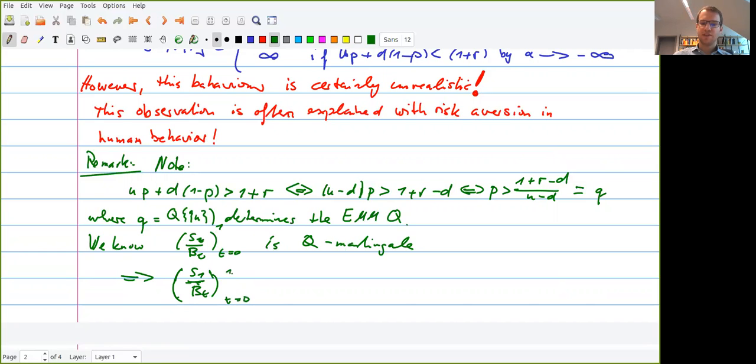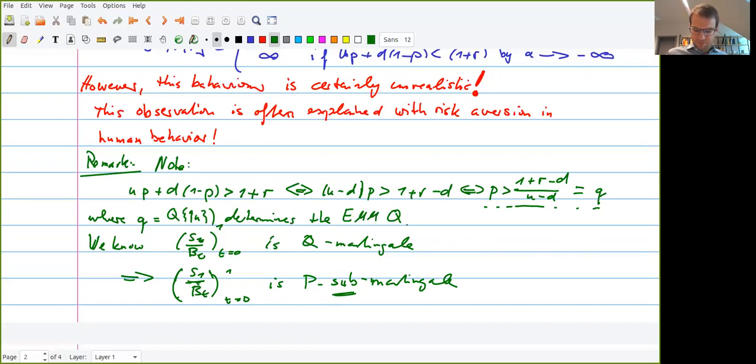But now, if I look at this property and calculate the expectation, I see that it's a P sub-martingale, because the probability under the measure P that this goes up is higher than under Q. So I move the mass from the center to the upward tend. So this is a sub-martingale.